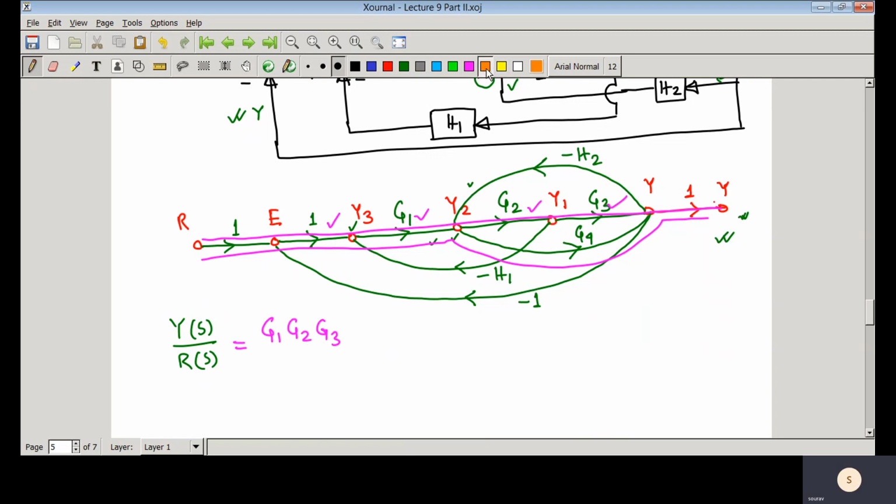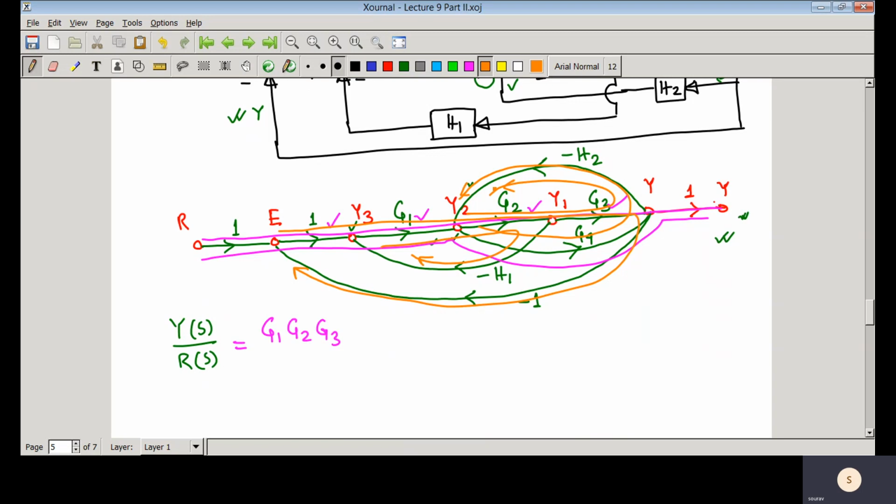Here is one loop, and there is another loop, and another, and another one.